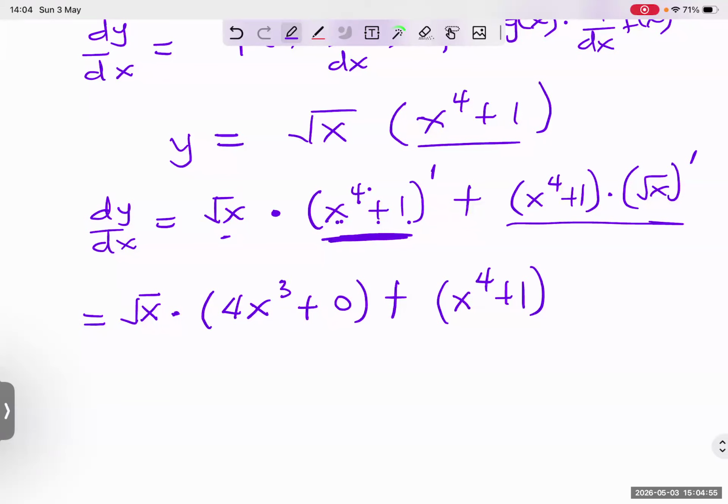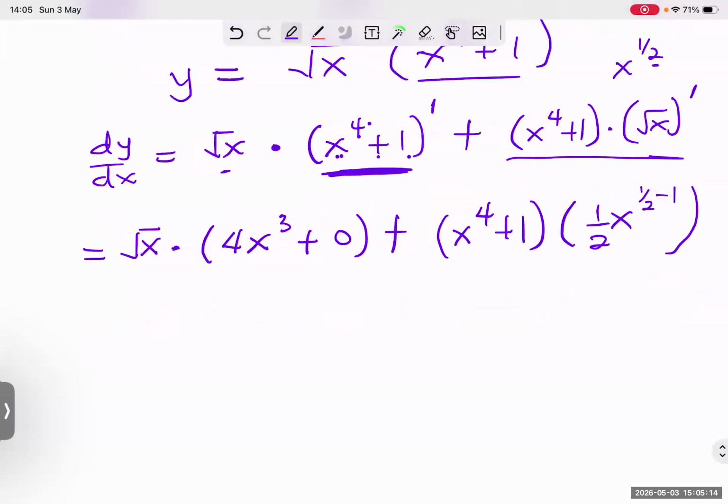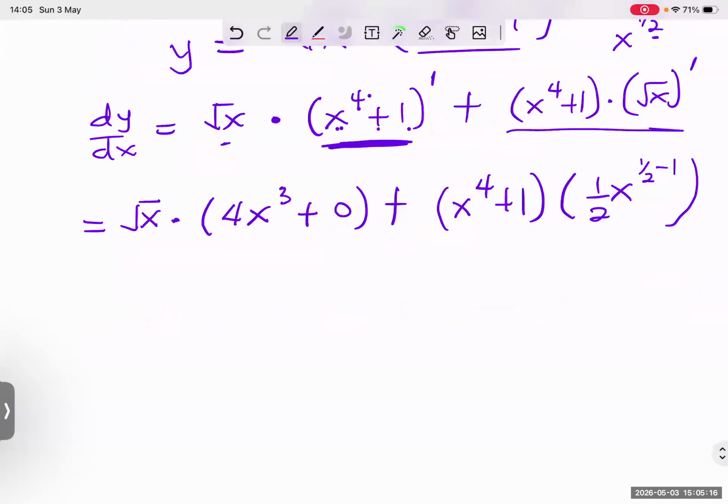And in the power form, it is simply x raised to the power a half. Now, root of x is in the power form. Using the power rule technique, we need to multiply the power by the x. So I have half x, subtract 1 from the power. Half minus 1.